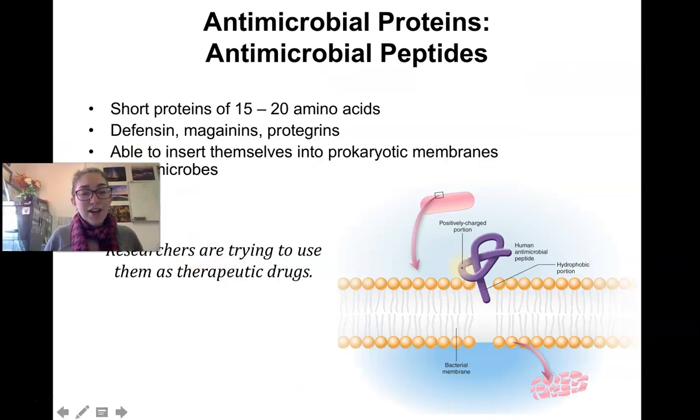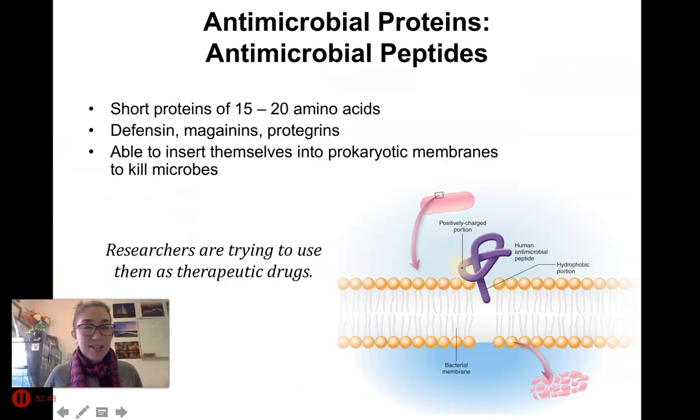In addition to the complement proteins, there's other antimicrobial proteins that we produce in our skin, in our blood, that we're just starting to understand. Some of them are potential drug categories, new antibiotic classes that are being examined as new antibiotics.